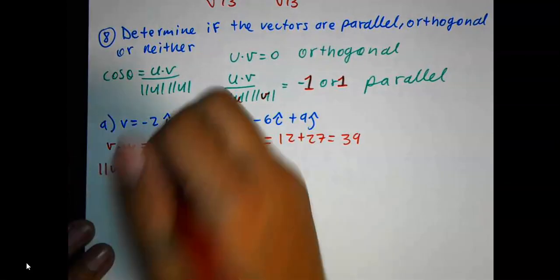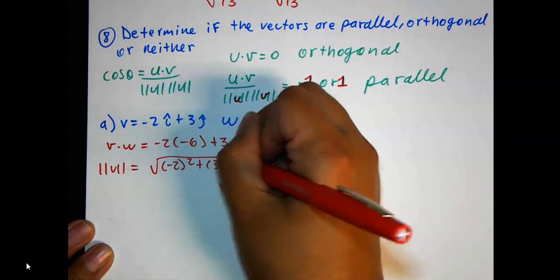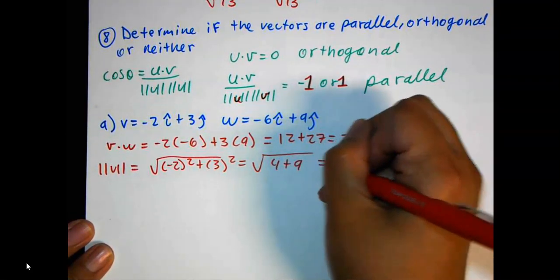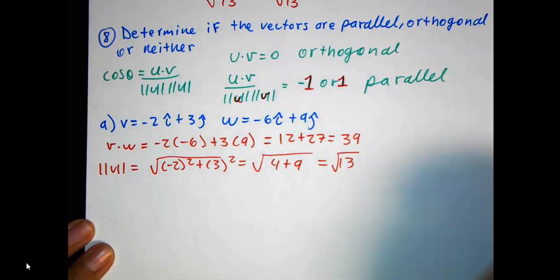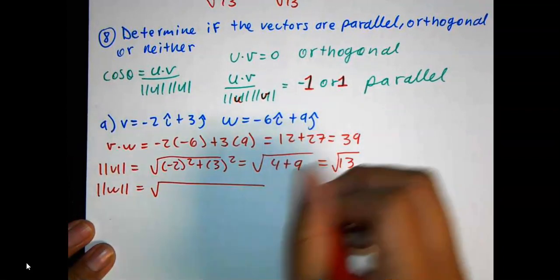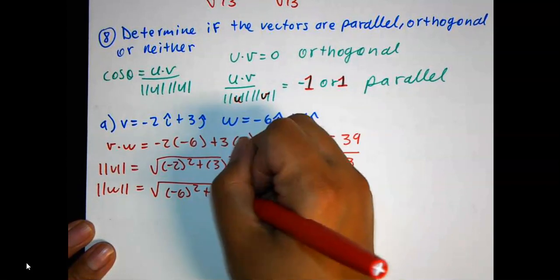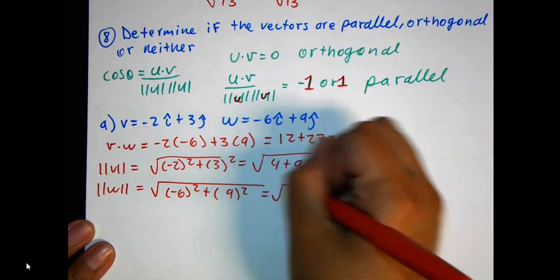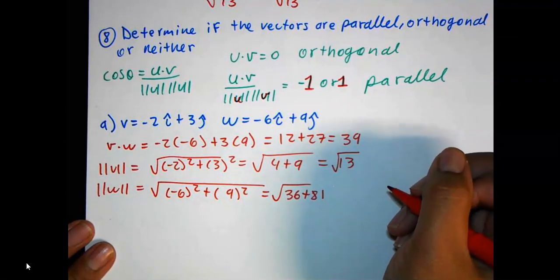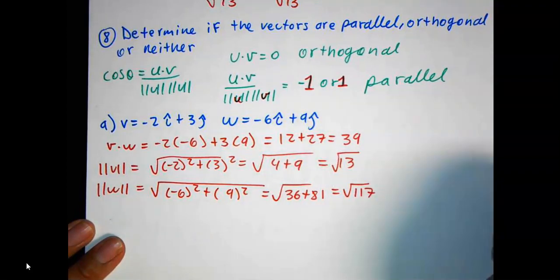I'm going to get the magnitude of v. So I'm going to do negative 2 squared plus 3 squared. That would be 4 plus 9. I get square root of 13. I'm going to get the magnitude of w. Magnitude of w will be negative 6 squared plus 9 squared. That is 36 plus 81, and that gives me square root of 117.